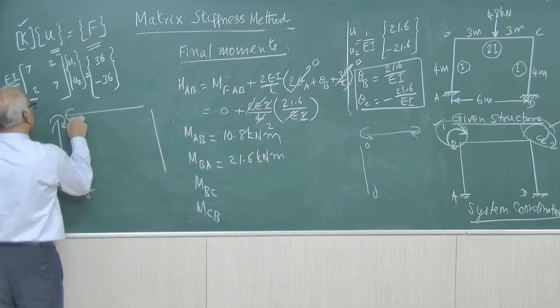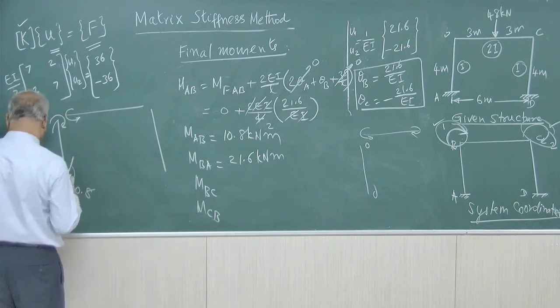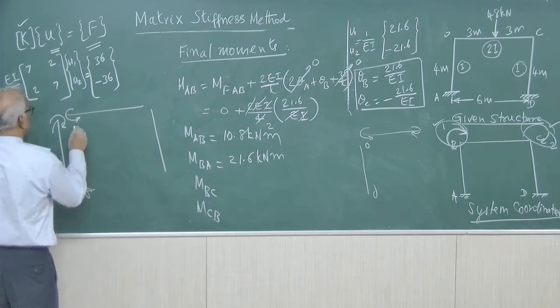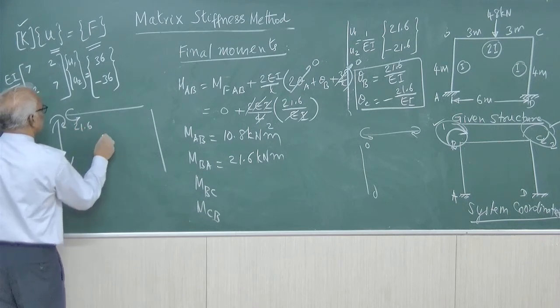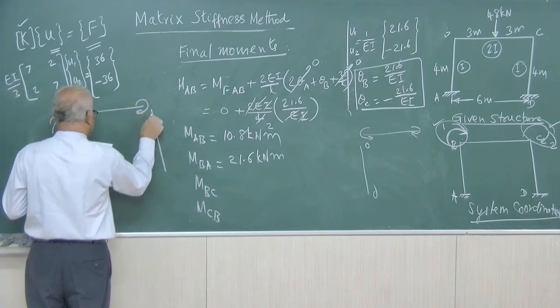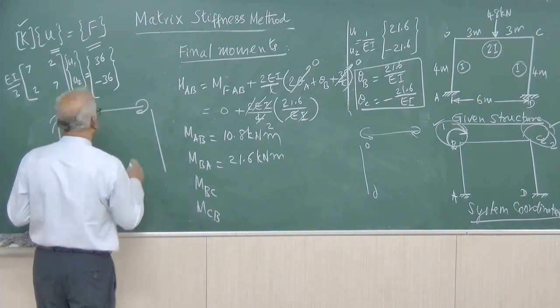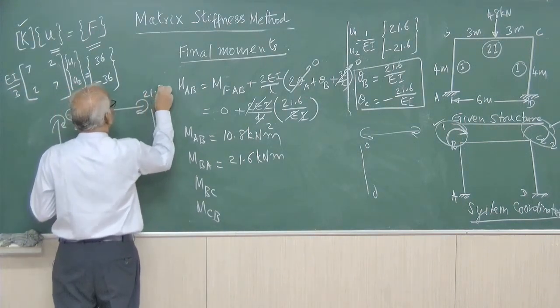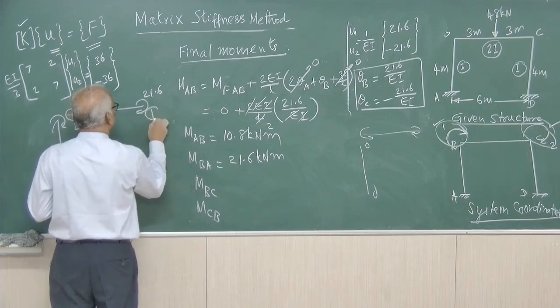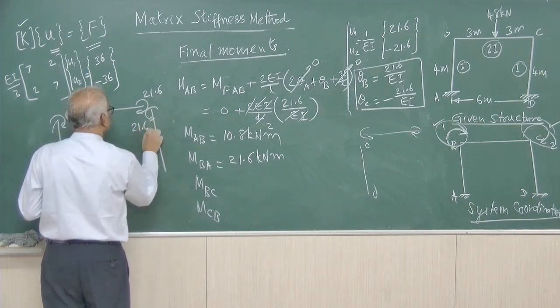This is 21.6 minus, therefore 21.6. And here again it is 21.6 because the frame is symmetrical. So, symmetrical loading and symmetrical values we will get, but minus 21.6.